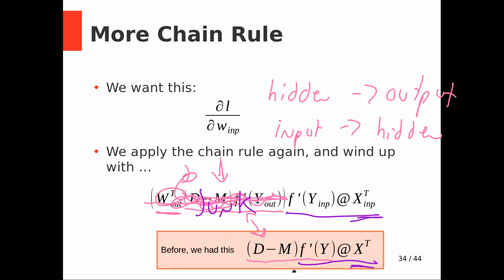So the thing that we wind up with is stuff times gradient times input. Loosely speaking, without wanting to get too technical, we actually can separate that out.